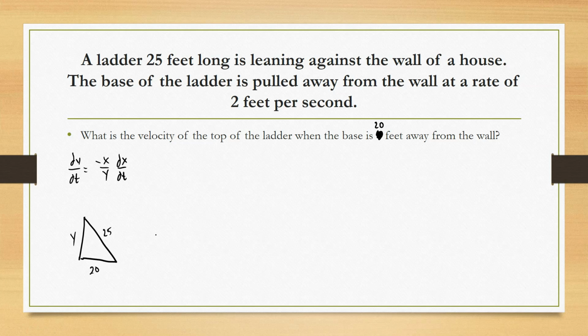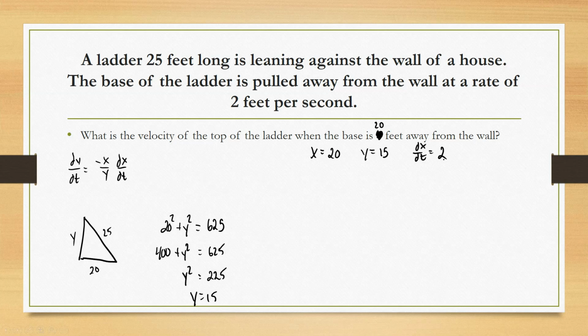I need to find what y is. So 20 squared plus y squared equals 25 squared. So 400 plus y squared equals 625. Therefore, y squared equals 225. Y equals 15. So I know x equals 20, y equals 15, dx/dt equals 2.